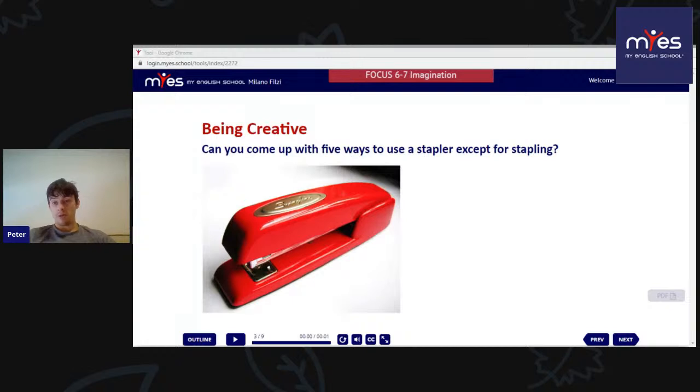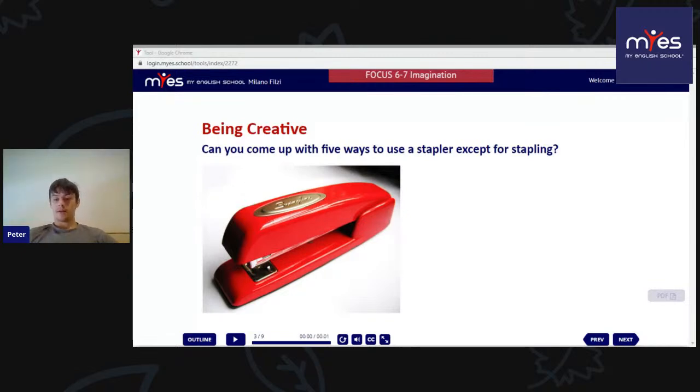I suppose you can use a stapler as a weapon. In an emergency, you can use a stapler to protect yourself.